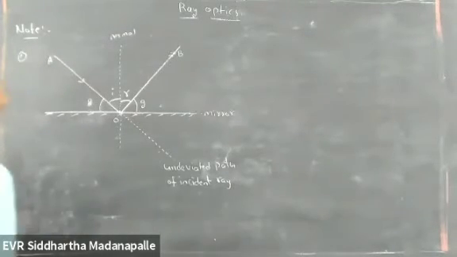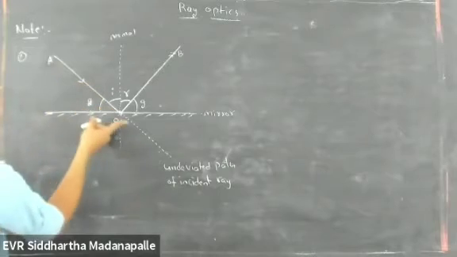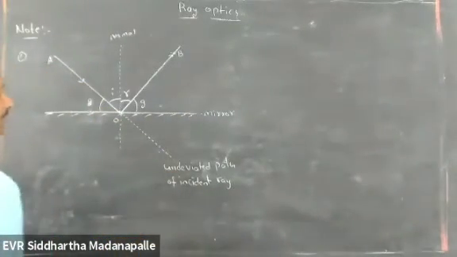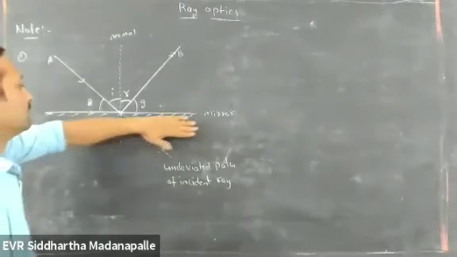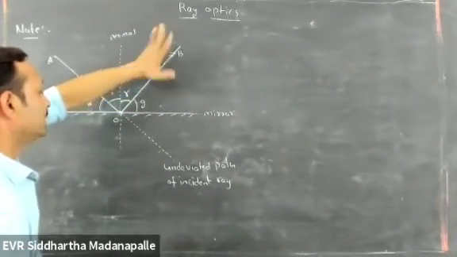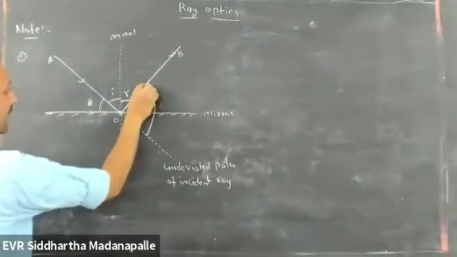Now what is the angle of deviation here? As the ray is traveling in this direction, in the absence of the mirror, the light should travel in this direction. But due to the presence of the mirror, it has been deviated in this direction, along the OB direction. So this is nothing but the angle of deviation.